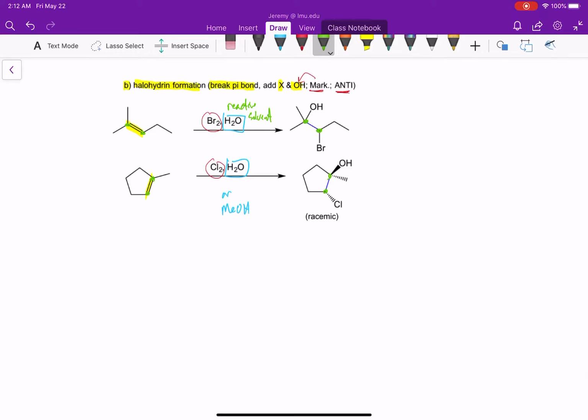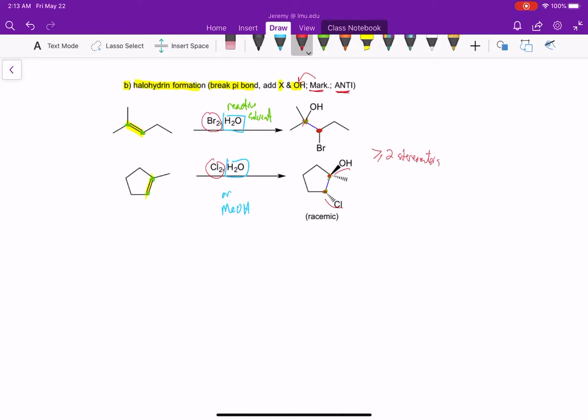And then anytime we form two stereocenters or more, we have to show the stereochemistry. So in this top example, that carbon is a stereocenter, but that is not, so I don't have to show the stereochemistry. In the bottom example, I've formed two stereocenters, so we have to show that the OH and the chlorine are anti to each other, right? They have a trans relationship.